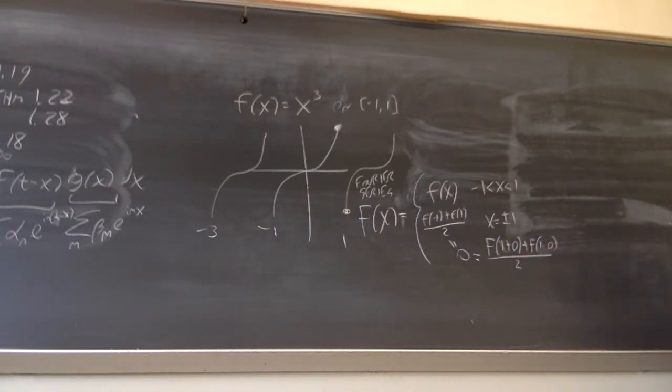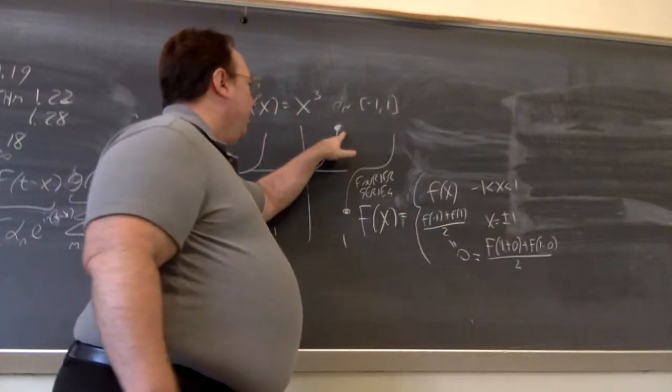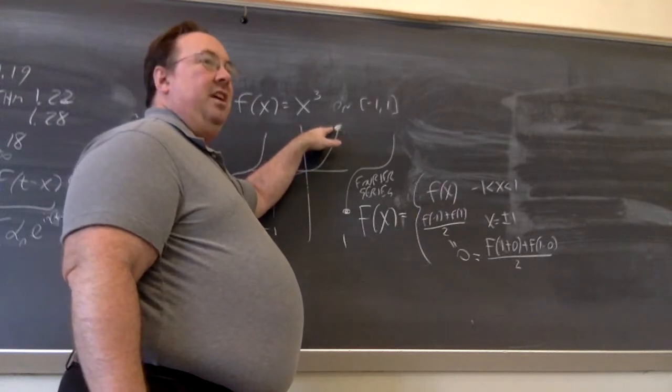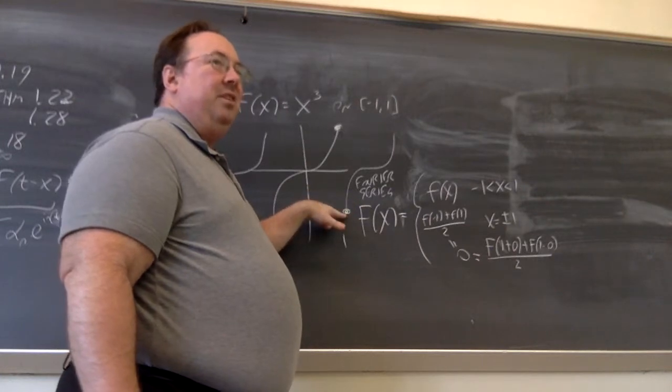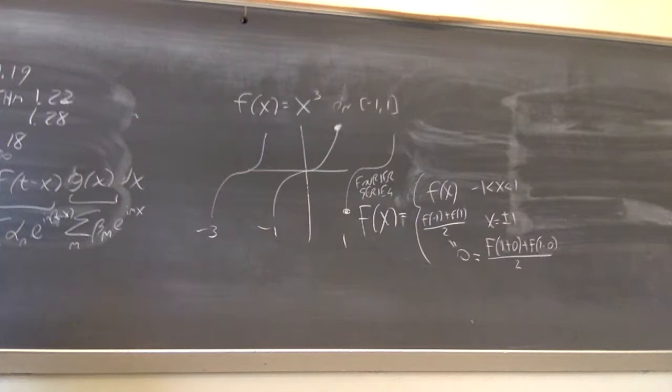That also would work, because if I look at what's happening at x equals 1, f of 1 minus 0 is plus 1. f of 1 plus 0 is minus 1. So really, you're averaging the values on either side of the jump.